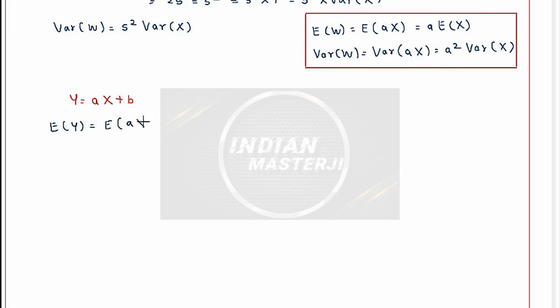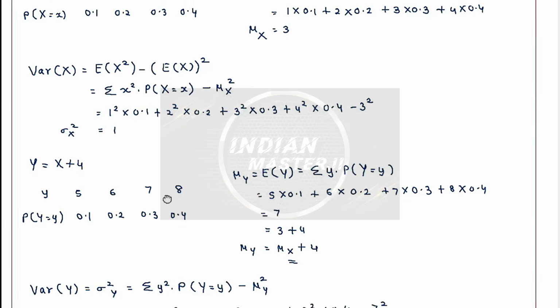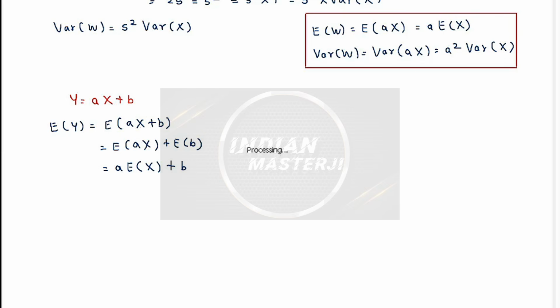The expectance of ax plus b. Correct? So this in turn will become the expectance of ax plus the expectance of b. The expectance of ax, we got as a times the expectance of x. But the mean of b will remain b only. So here I can combine the two results which we have studied till now, the first one and the second one.